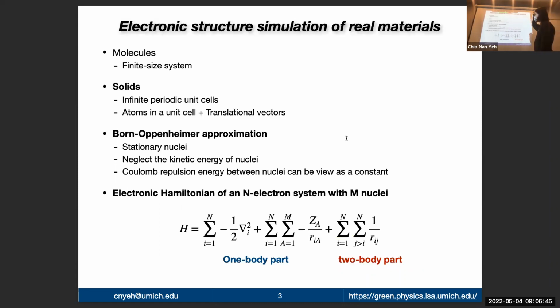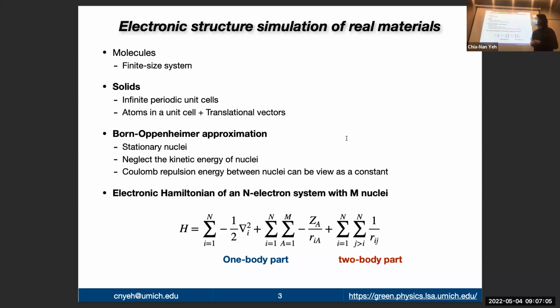So we're interested in electronic structure simulation for real materials, not the model Hamiltonian. Real materials you can naively categorize as molecules and solids. The molecule is essentially just a finite system. You have an isolated molecule, and that's the system you're going to solve.